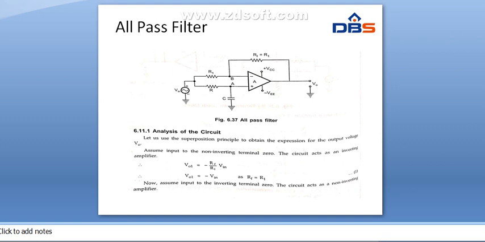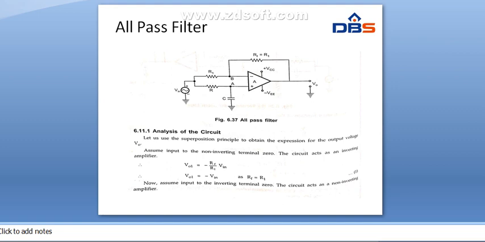It does not produce any attenuation, but it provides the required phase shift for the different frequencies of the input signal. So all pass filter is also called as delay equalizers or phase correctors.